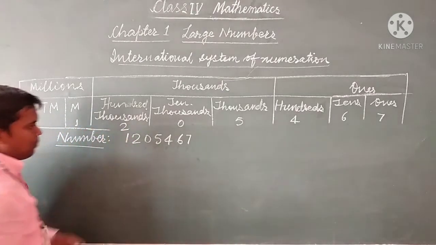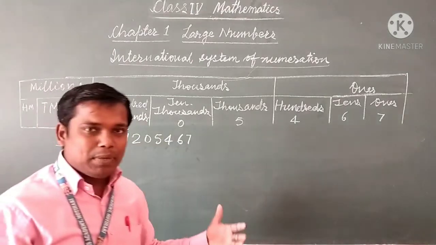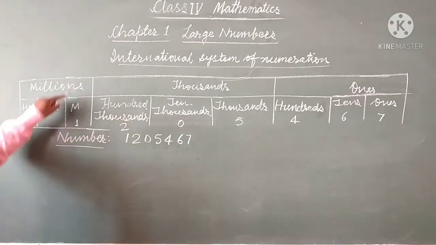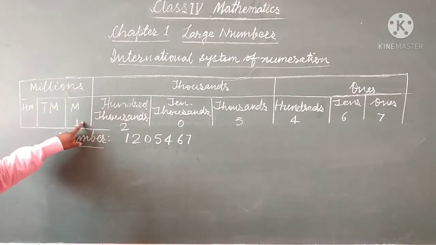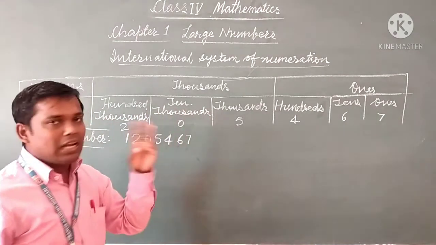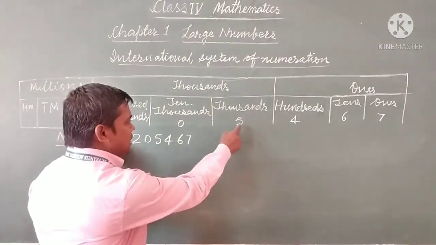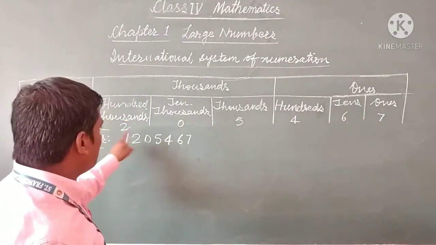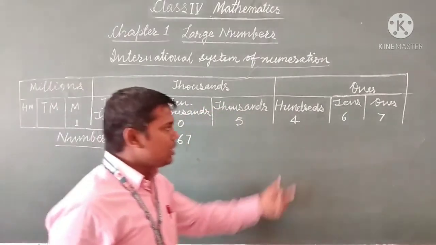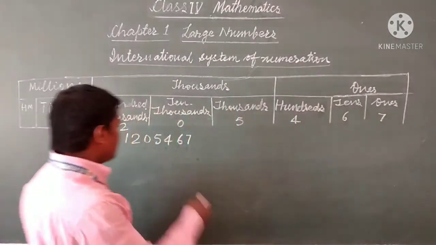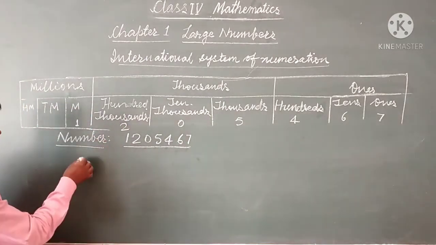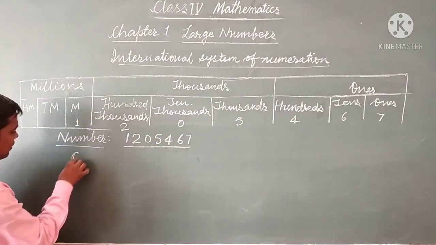Okay. After placing, we will read this number. Only one place is here in millions, and the value is 1. So 1 million. In the thousands period we have 3 places, so we read all these 3 places together: 205 thousand. 1,205,467. So this is the number name in the international system of numeration.